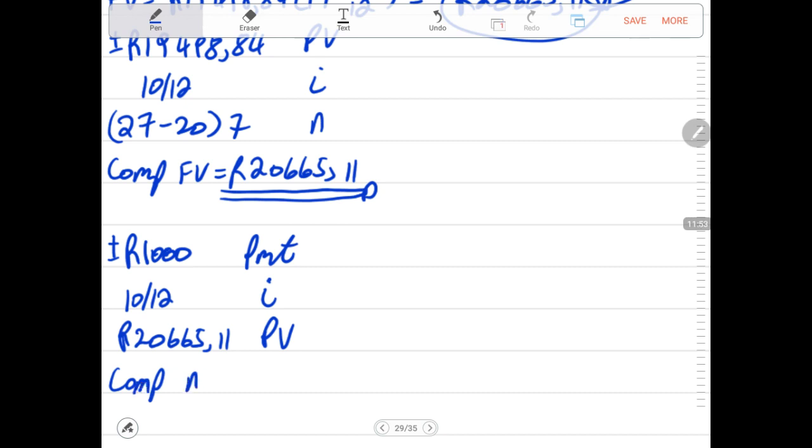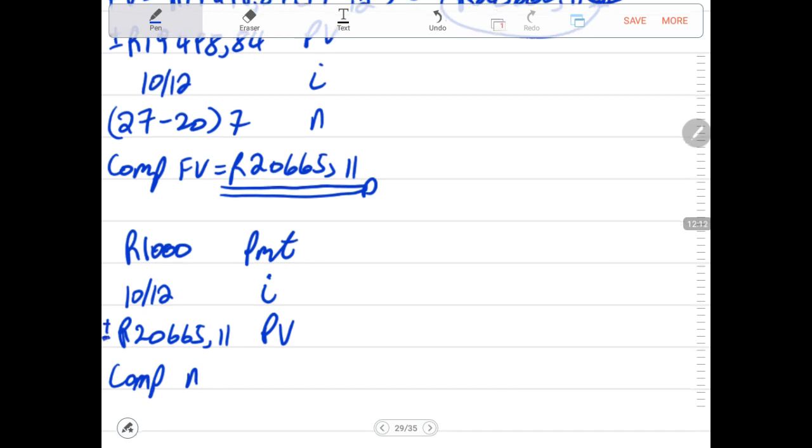We are looking for n in this case. So now we have everything that we want. Remember, the PMT can be positive, although we normally prefer the PV to be the plus minus one. But even if we use PMT, that makes no difference. We have 1000 PMT, plus minus 20,665.11 is the present value.